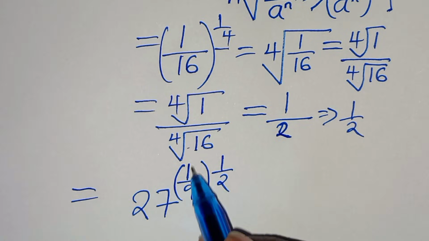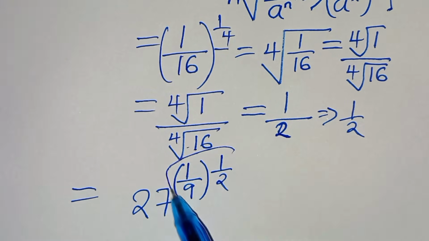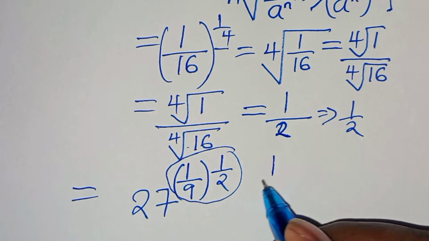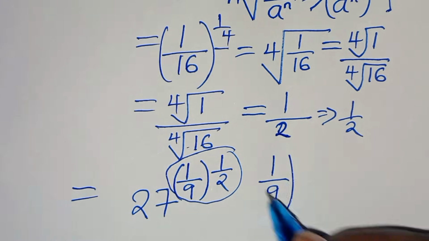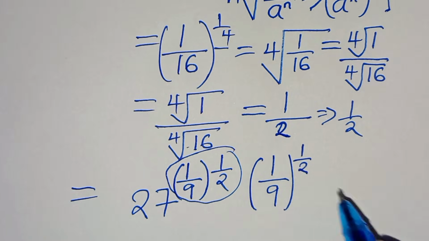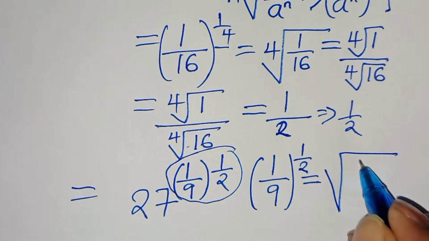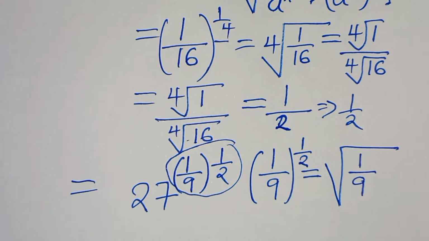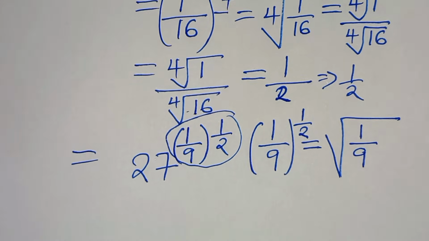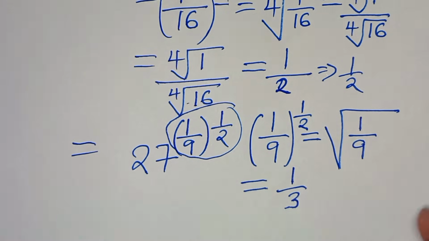The next step is that we have again 1 over 9 raised to the power of a half. So we have 1 over 9 raised to the power of 1 over 2. And this is the same thing as the square root of 1 over 9. And the square root of 1 over 9 is 1 over 3.